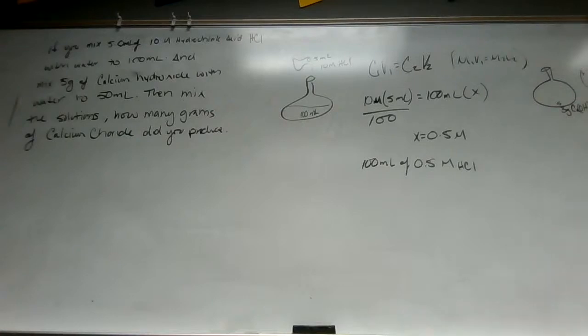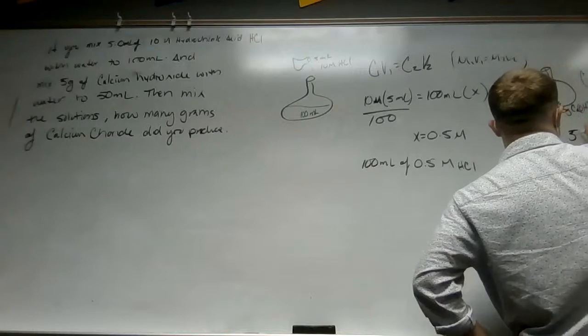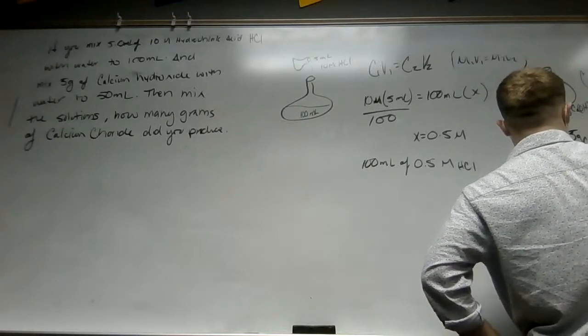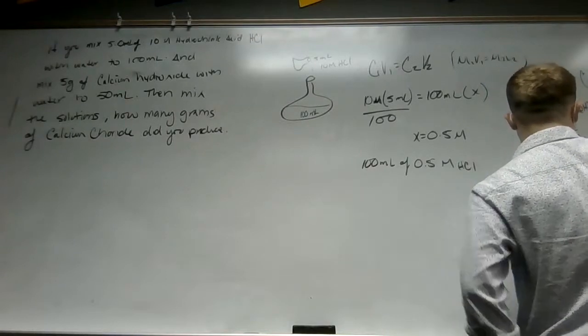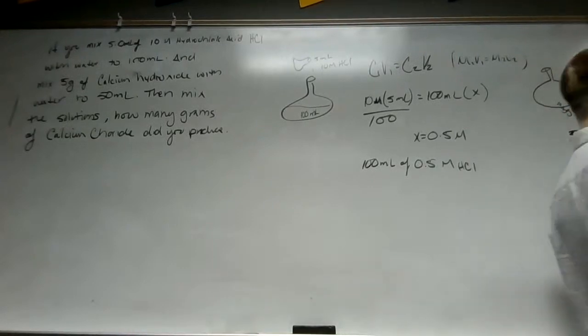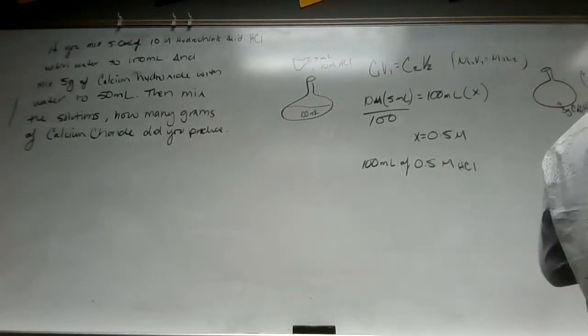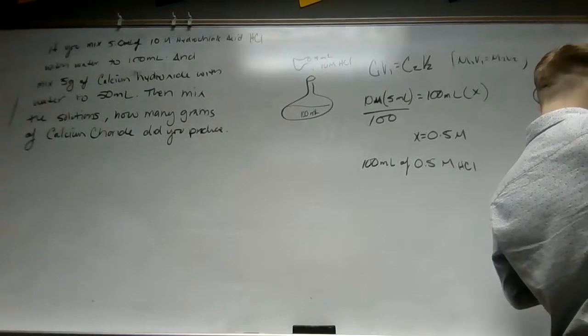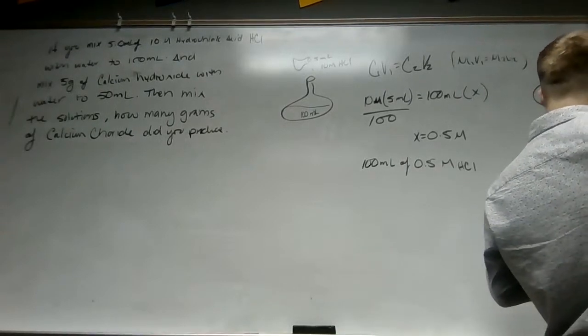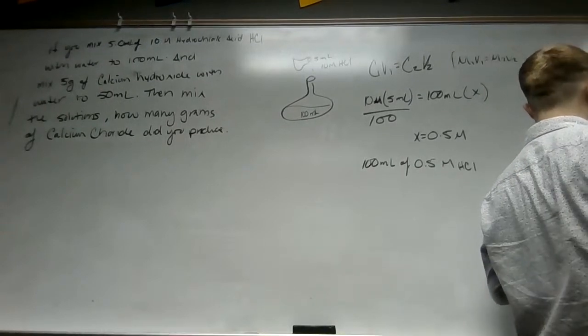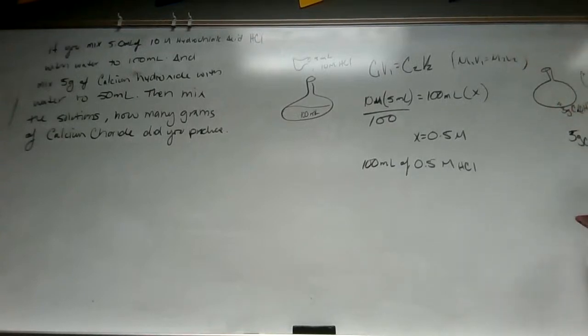How do we convert 5 grams of calcium hydroxide to moles? Molar mass. What's the molar mass of calcium hydroxide? 74.09.